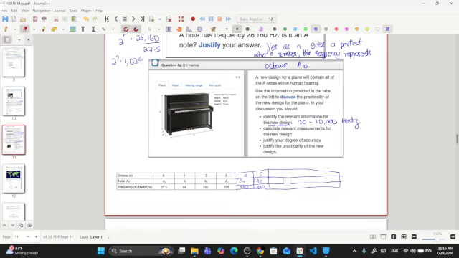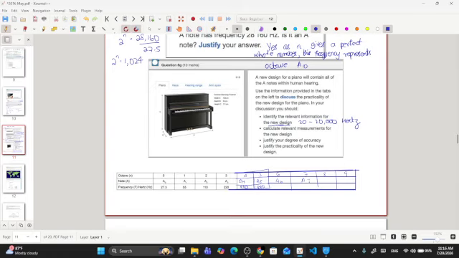Let me do it in a better way. So let's say this is octave 6, octave 7, octave 8. Let's just extend it to a certain degree. Octave 9.